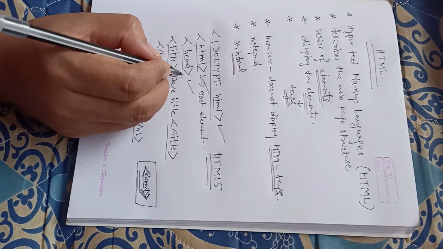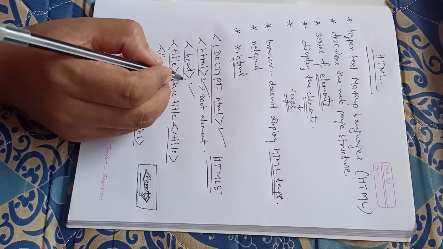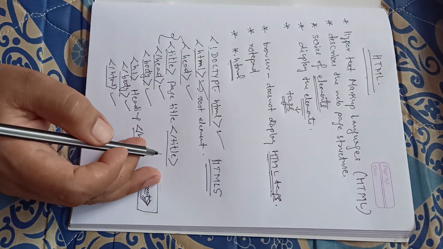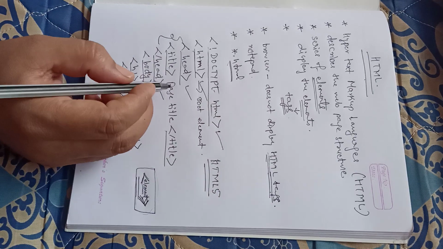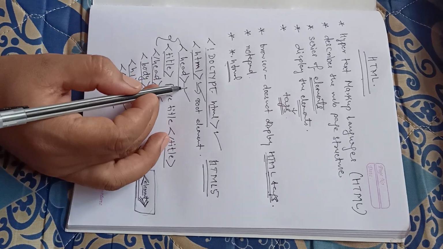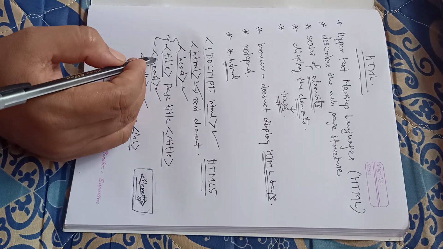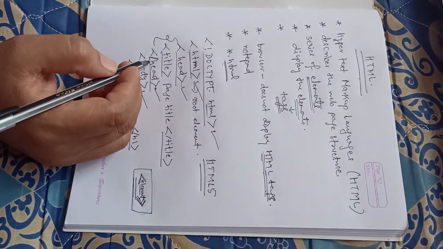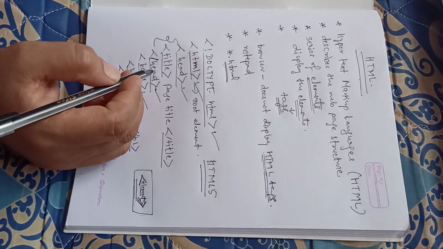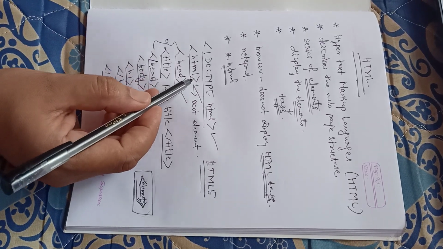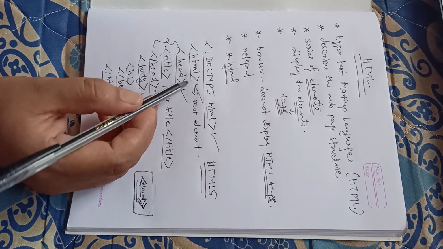Now head, this element contains the meta information about the document. So whatever I write between the head tag, this is the starting of the head tag, this is the ending of the head tag. How do you know it's the ending? I am putting a backslash here. I have also put the backslash for this HTML that started here.